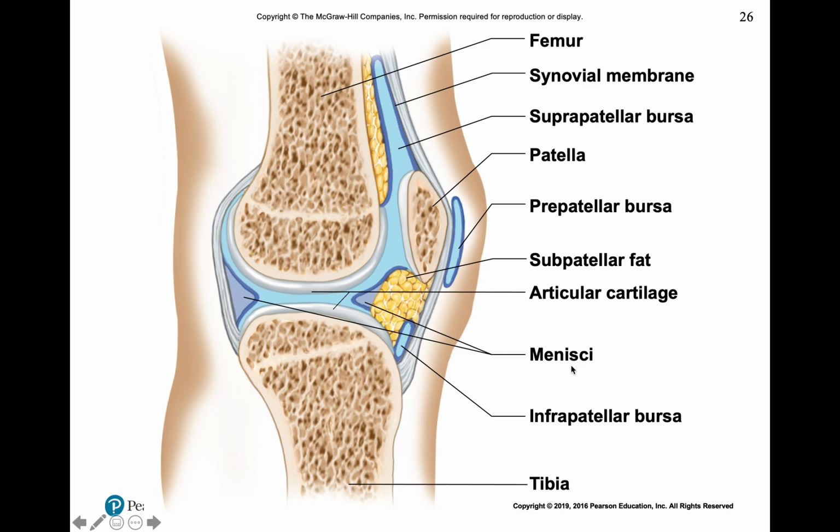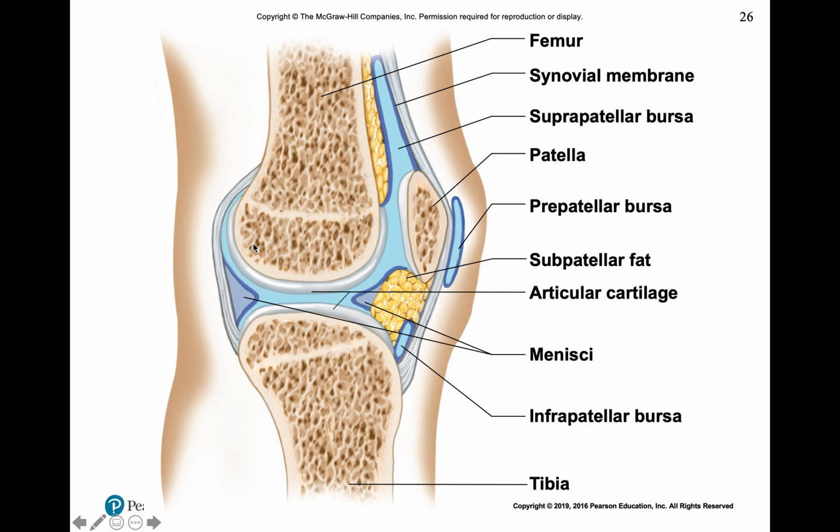And that's where menisci come into play, because a meniscus is a fibrocartilage pad. When you think fibrocartilage, what should you always think? Very good shock absorber. All right, so these menisci project into the joint cavity between these bones and help with shock absorption.